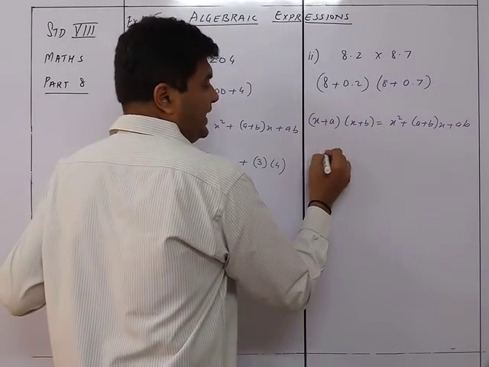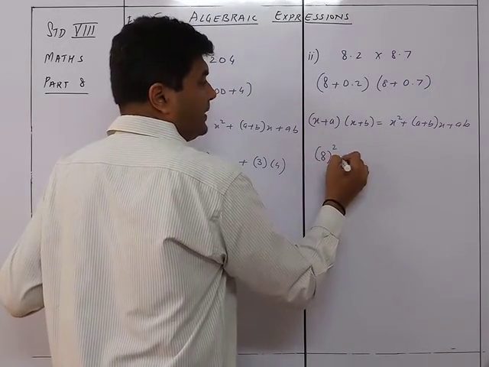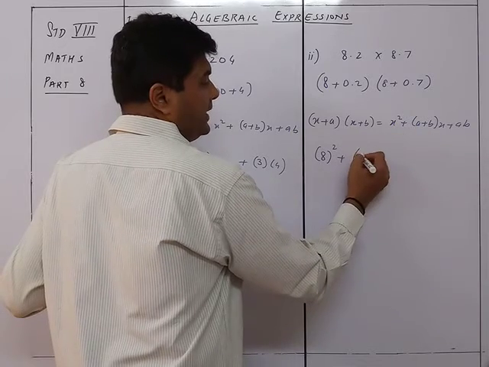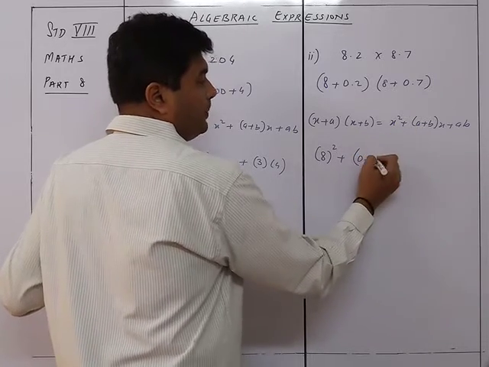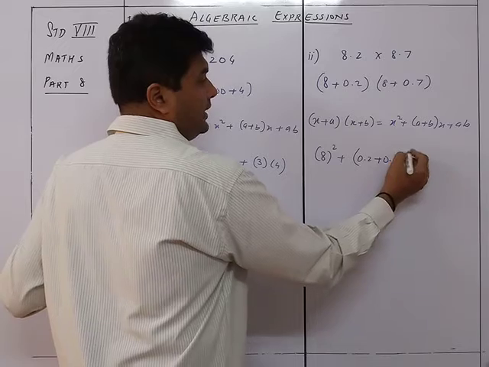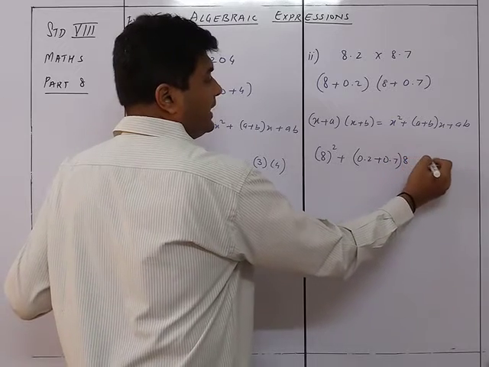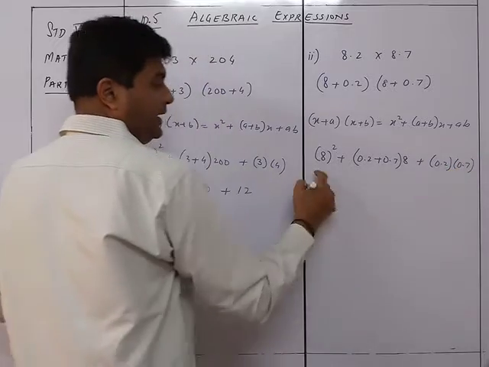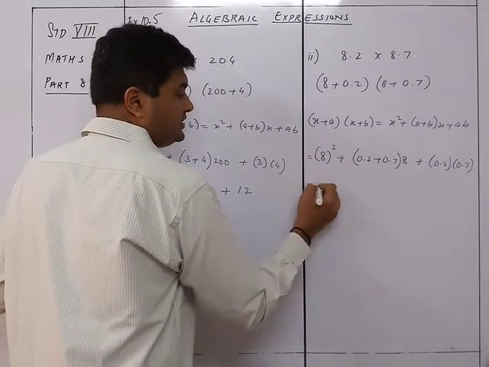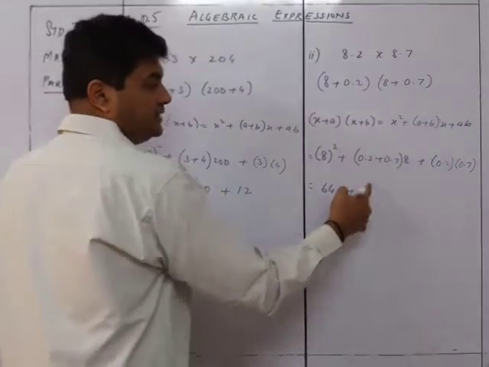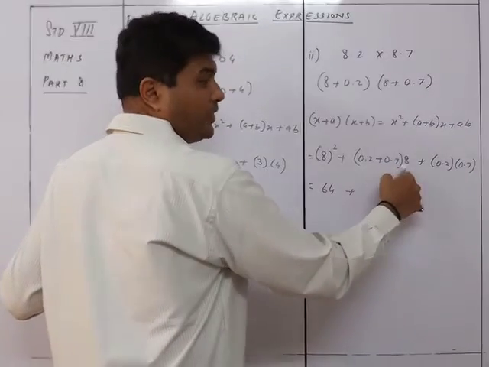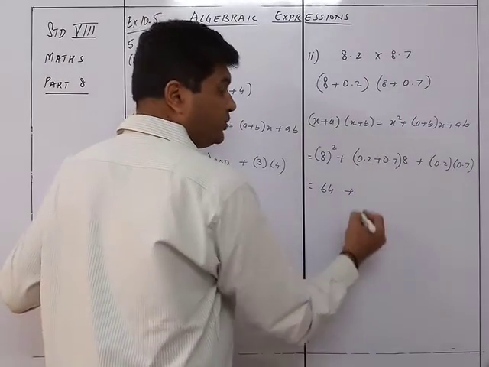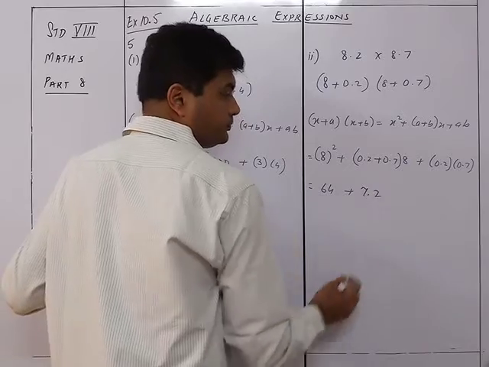Value of x is 8, so it is 8 square plus the value of a is 0.2 plus 0.7 into x, which is 8, plus 0.2 into 0.7. 8 square is equal to 64 plus this is 0.9. 0.9 into 8 is 7.2.